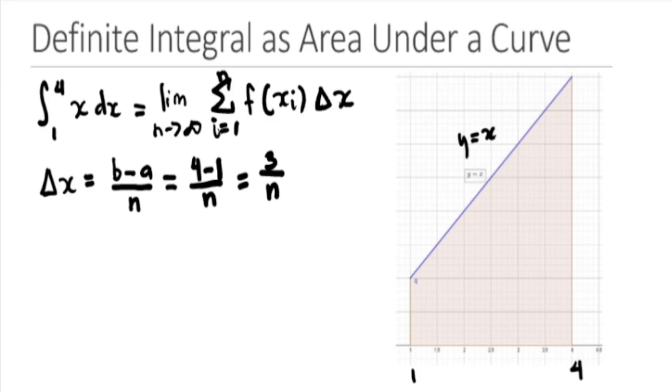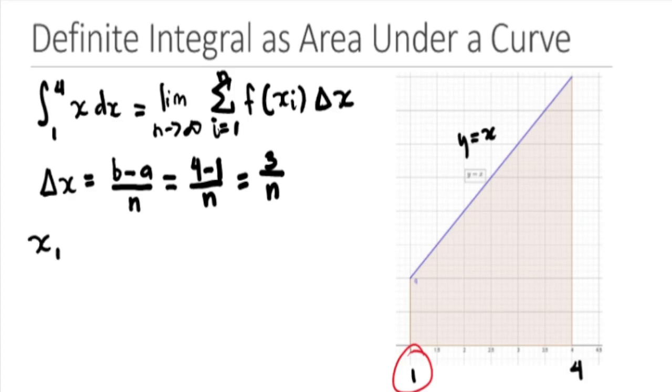Now, how do we get the x sub i's? This one is a more complicated case than the previous one since in the first one, we started at 0. However, our initial x value here is 1. So we have to consider that.